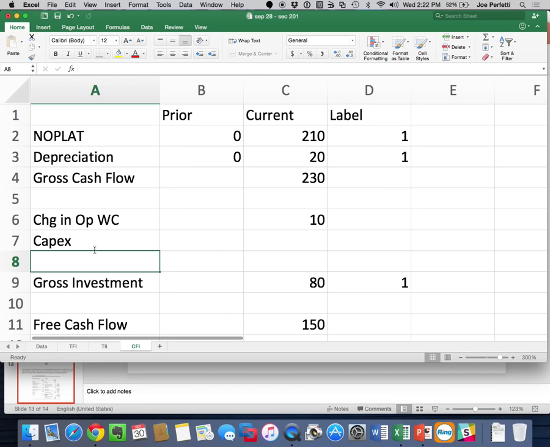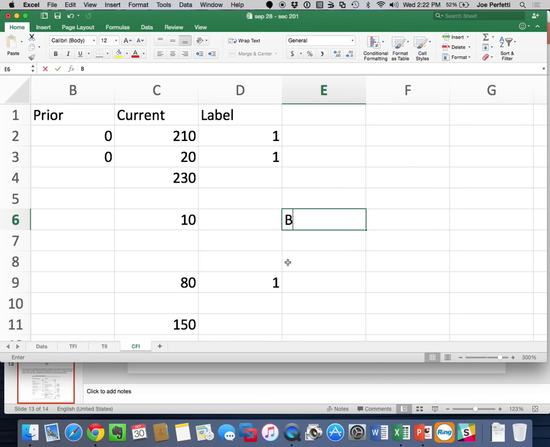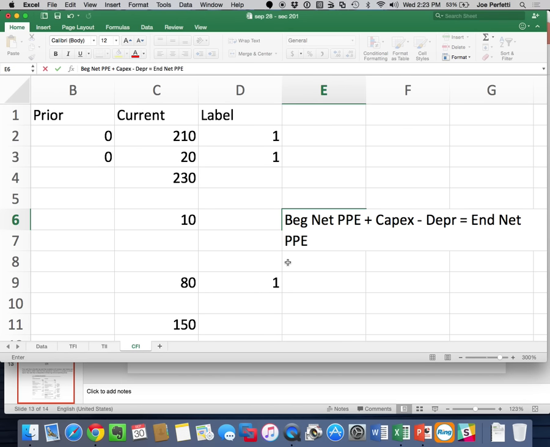Okay? So here's the thing. I know that my change in net PP&E is going to be, move this over a little bit so we can easily see this, my beginning net PP&E balance plus capital expenditures minus depreciation would get me my ending net PP&E balance.